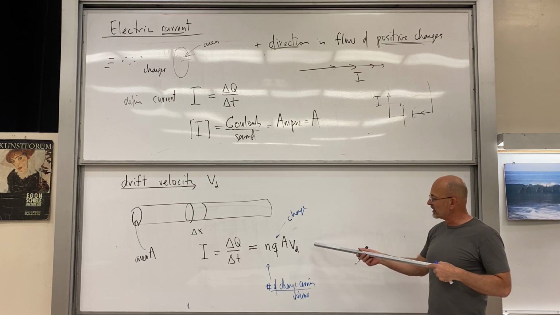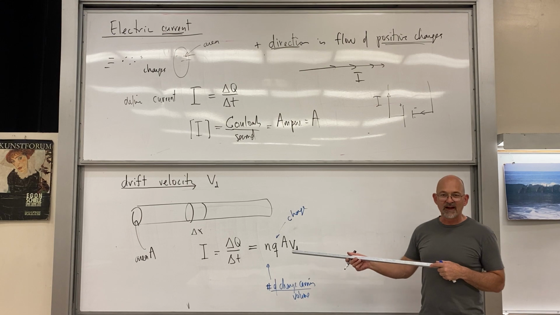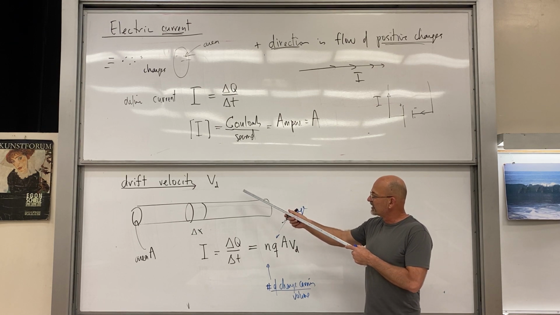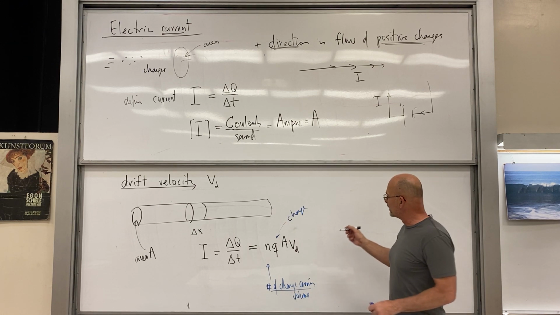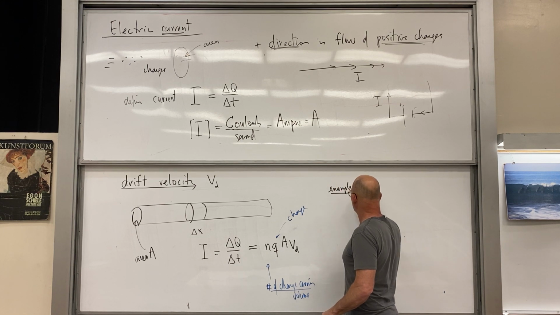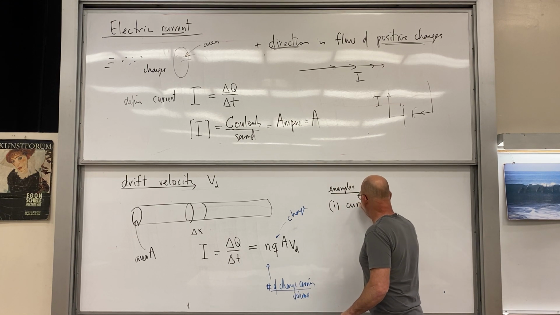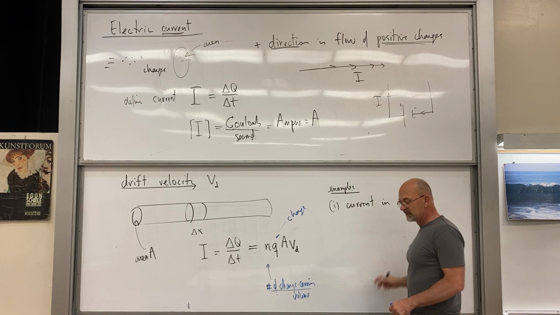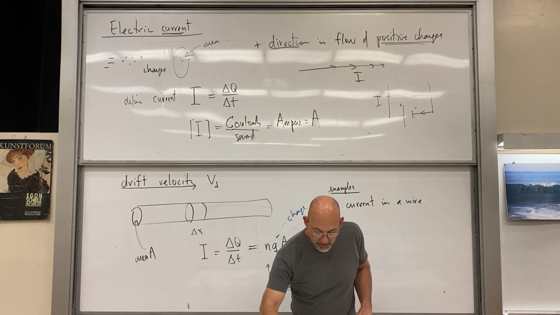On the order of millimeters per second or even less. And that's if you have current in a wire. So let me just go ahead and give examples here. First one, current in a wire. See if I have some numbers here for you.